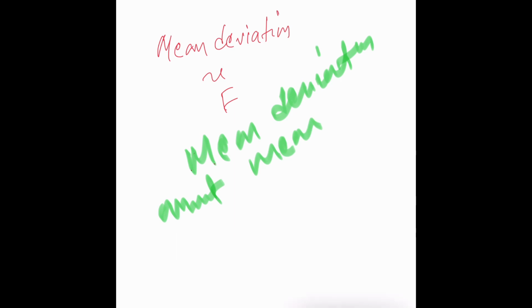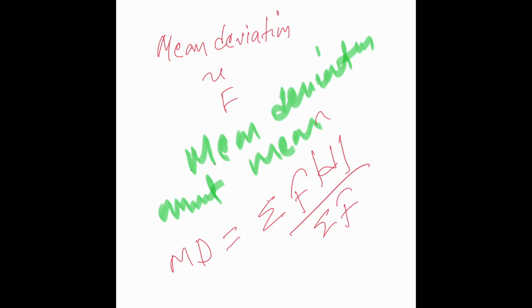When you are finding mean deviation about mean, the formula is MD is equal to summation of f d modulus divided by summation of f. So how are you going to find d modulus? D modulus is equal to x minus x bar. Got it?